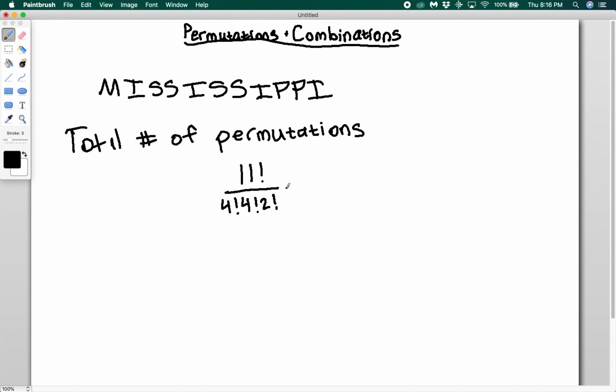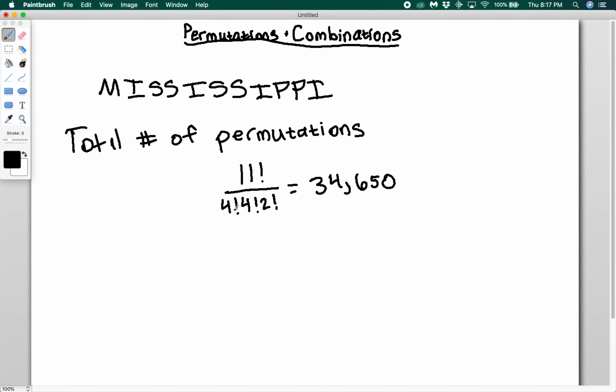Okay? So all we're going to do is just divide by all of the repeats, and the number of repeats they have factorial, I guess, if that's a word. So then you end up with 34,650 different permutations. This number, not super important. What's important is this process where you take all the duplicates and say, 4 S's, 4 I's, 2 P's.